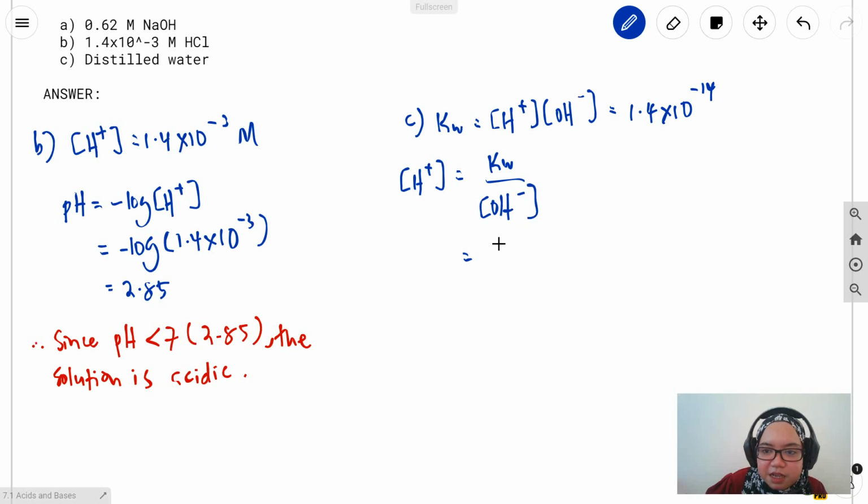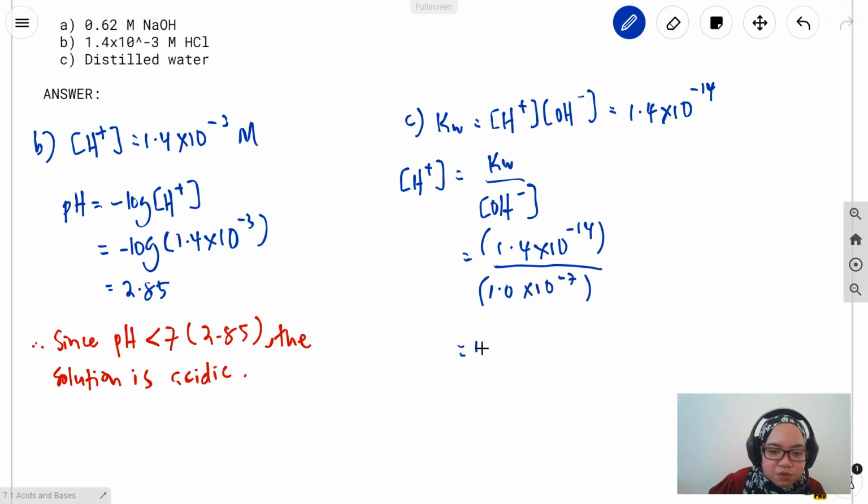Kw is 1.4 times 10 negative 14 divided by OH minus, which is 1.0 times 10 to the power of negative 7. So we get H plus equals 1.0 times 10 to the power of negative 7 molar.